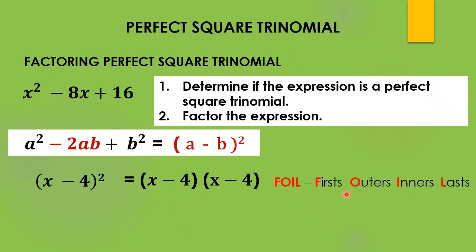all the terms in the first position. So in this case, we're going to multiply first x times x. If we multiply all the first terms in the two binomials, we get x squared.